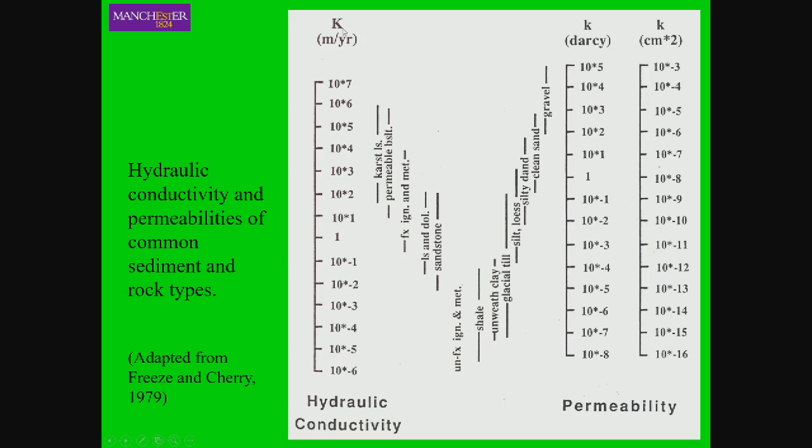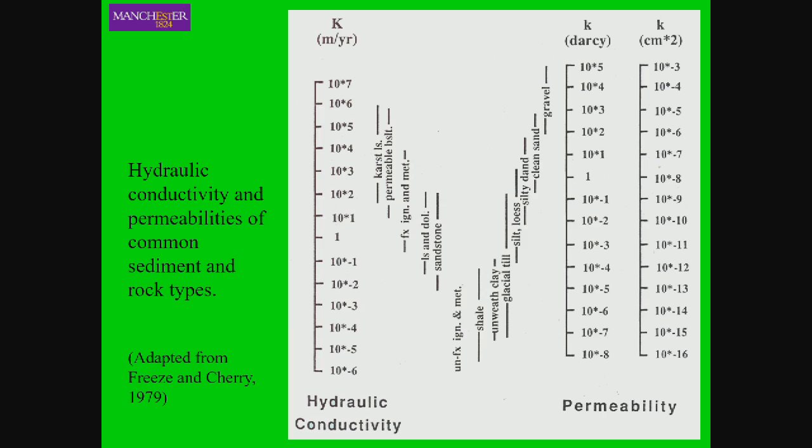You can see that hydraulic conductivity is in units of length per time. It's like a velocity. Permeability has dimensions of length squared, and just to avoid having all these horrible numbers, people have introduced a term called the Darcy, and a Darcy is equivalent to 10 to the minus 8 centimetres squared.